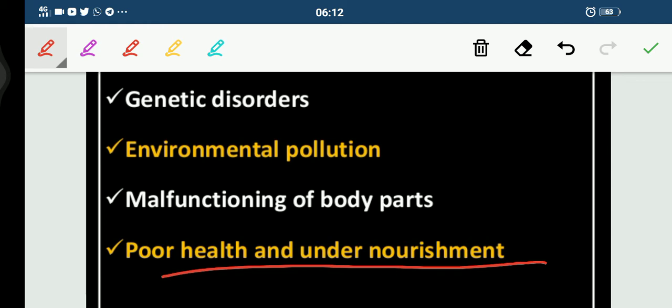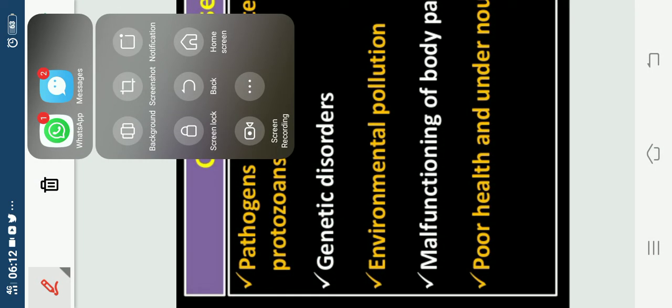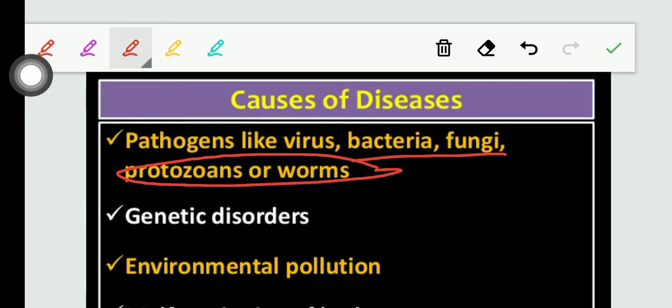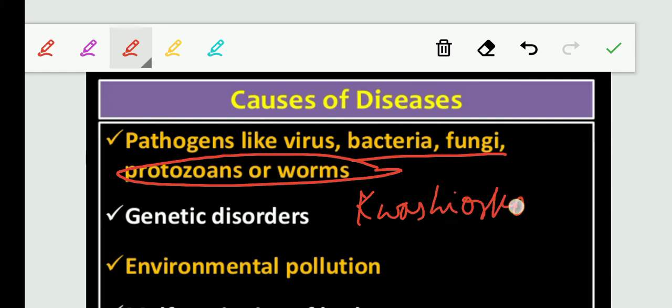For example, kwashiorkor. Let me just write it for you. Kwashiorkor. So it's a nutritional deficiency disease, which occurs due to a low protein diet. So if somebody is having a low protein diet, he might suffer from kwashiorkor.